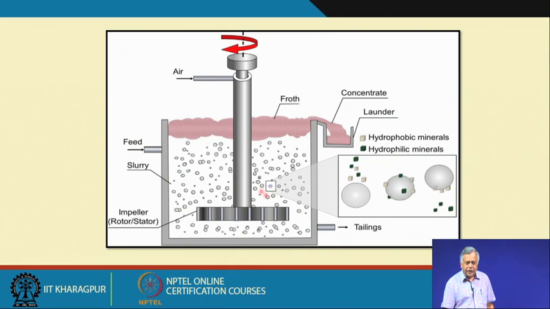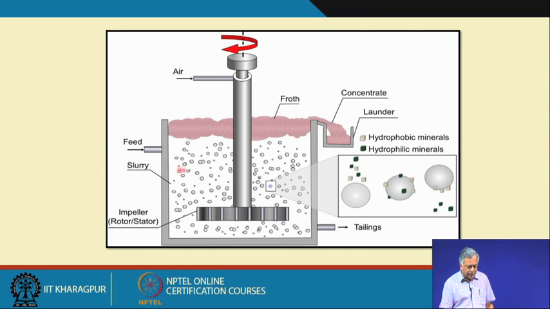So you are rotating it and passing air at a certain pressure, and this air will try to go out through the perforations in the impeller blades. When this compressed air passes out through the impeller blades, automatically there will be air bubble formation of various sizes.